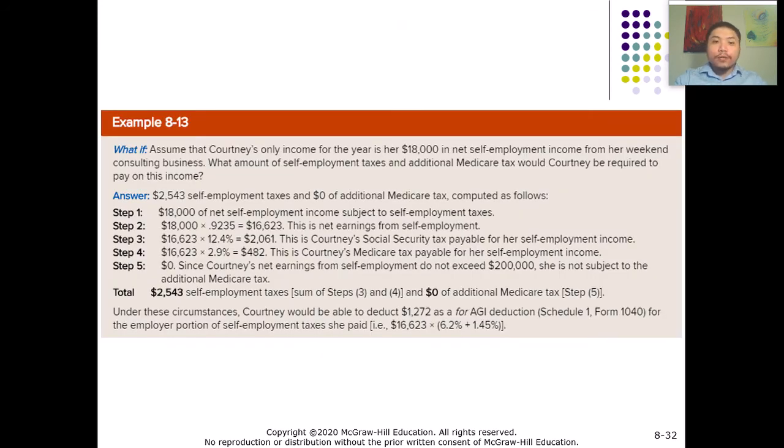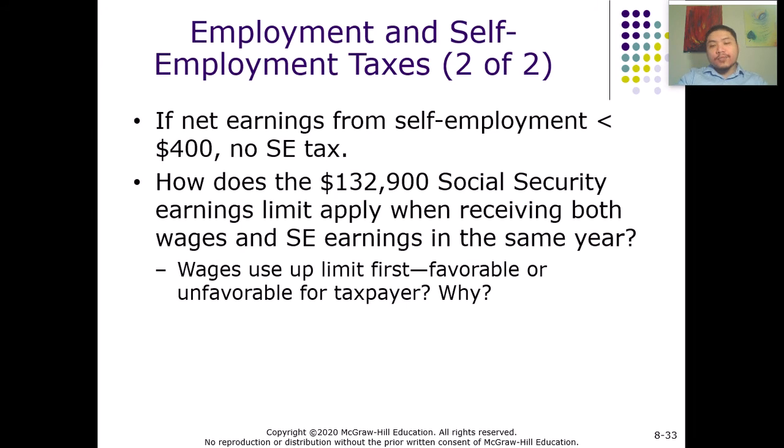So let me say again. First we have to calculate the FICA taxes on the employee compensation of these taxpayers, ignoring the compensation from her self-employed private side business.